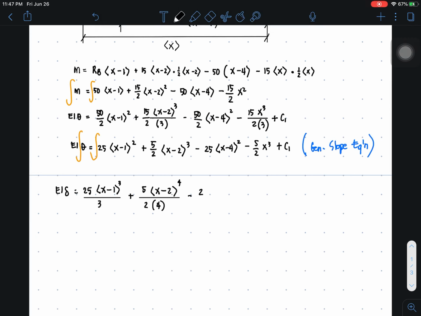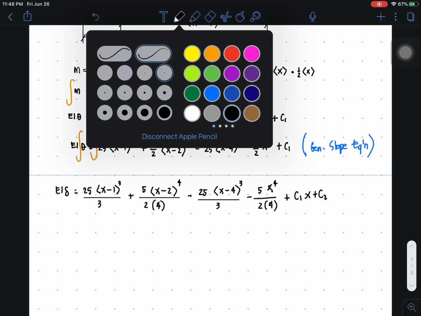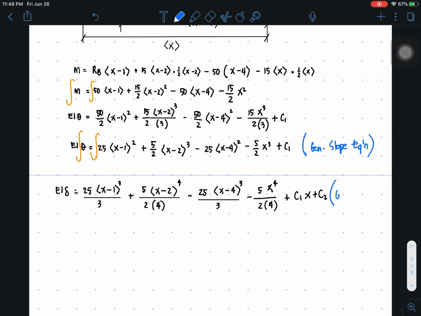Do not forget minus 25. Then x minus 4 cubed over 3. Then minus 5 x to the 4th power over 2 times 4 plus C1x plus C2. This is our general deflection equation.